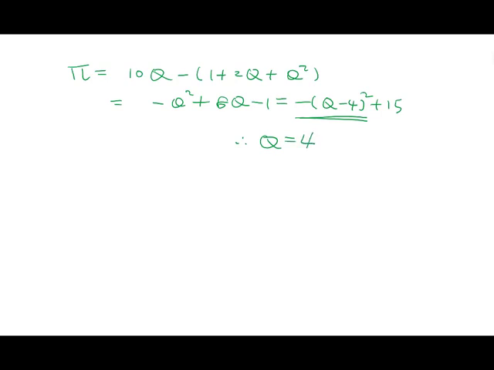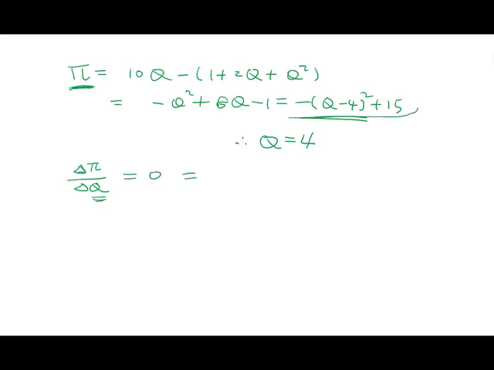Or if you are comfortable with some basic calculus, when you maximize or minimize your objective function, you know that at the maximum or minimum, the derivative or the slope of the function curve equals 0, which implies delta pi over delta Q, Q being a variable you can change here, should be 0.